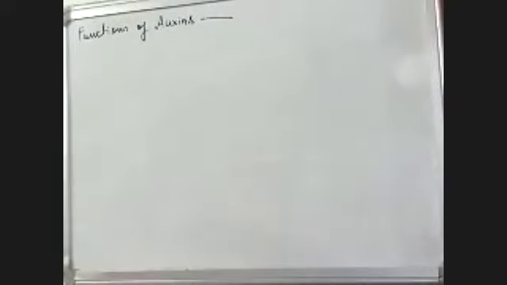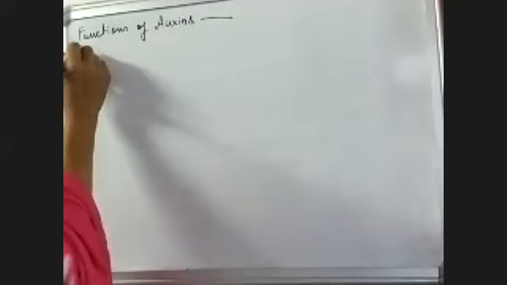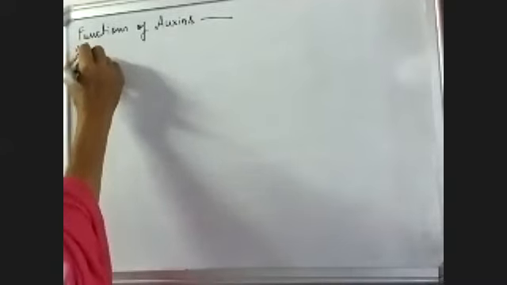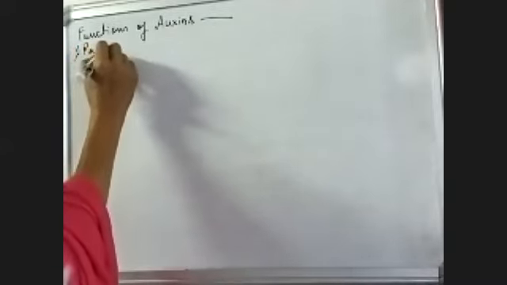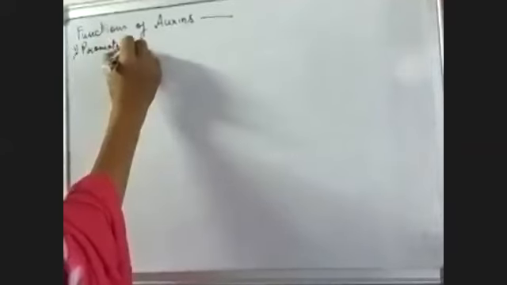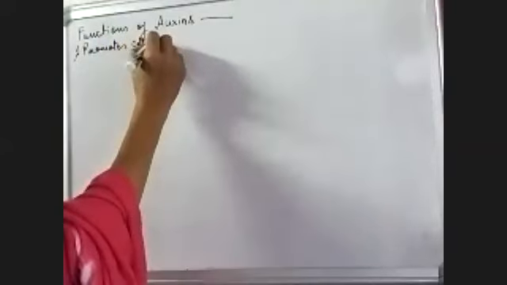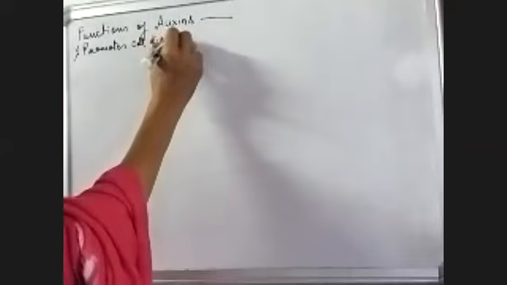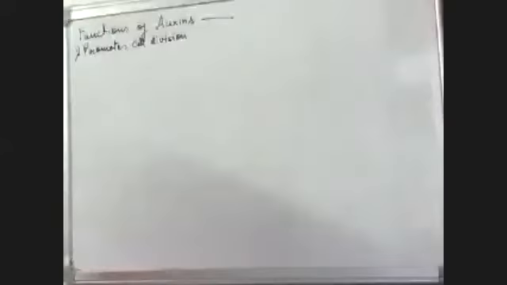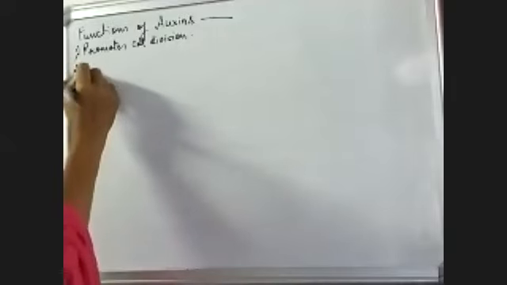The functions of auxins: number one, it promotes cell division. The second function is that it initiates lateral root formation.